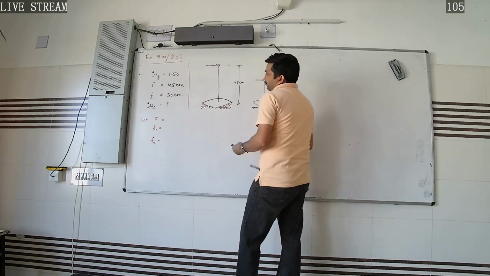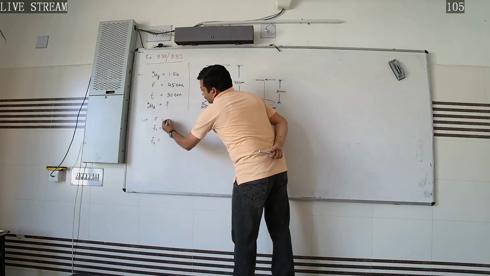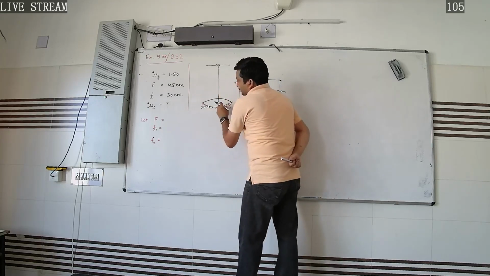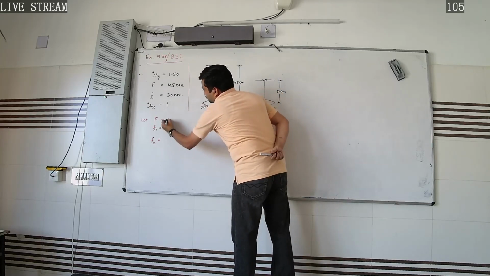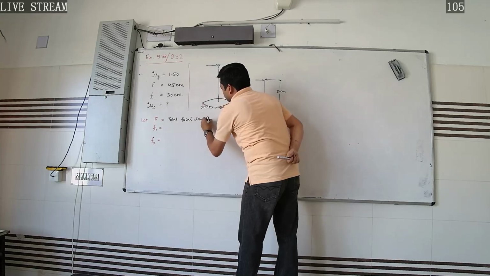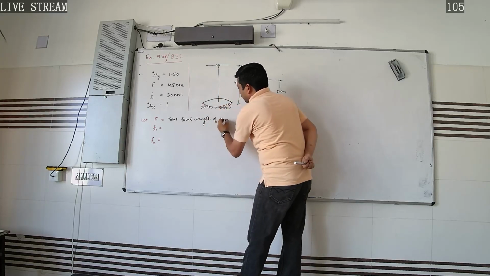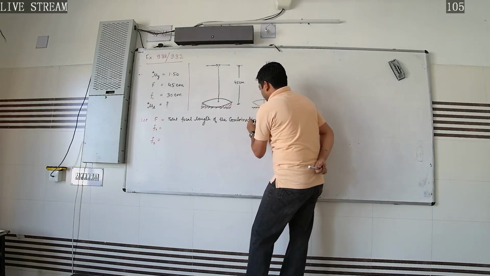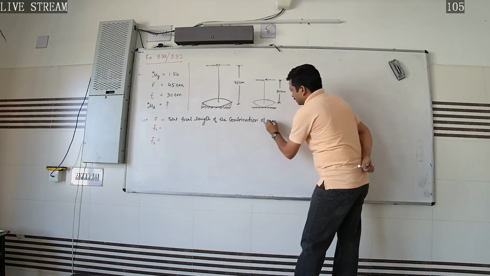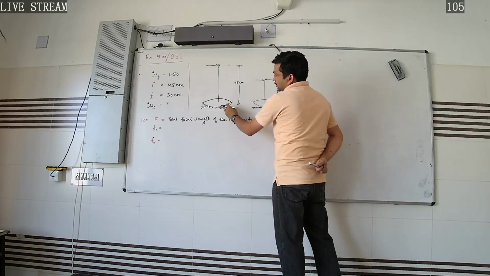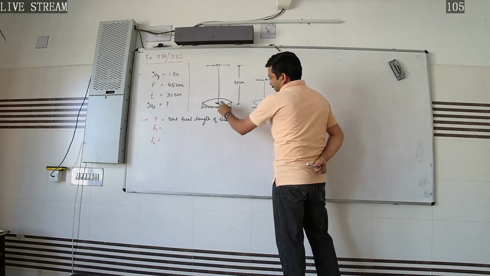Let F be the total focal length of the combination of lenses: convex lens, plano-concave lens, that is the liquid lens, and plane mirror.